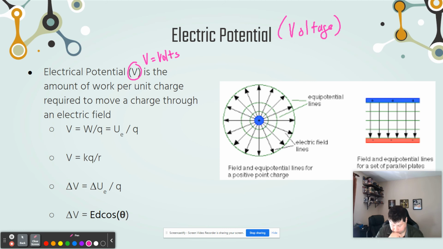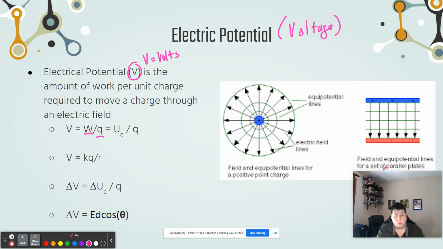So we can once again define a quantity and then get some equations for it. The first one just being that because it's the amount of work per charge, voltage is work divided by Q. But we had said earlier that work tells me how much potential energy I get, right? If I lift a ball, I do work on it, I give it potential energy.